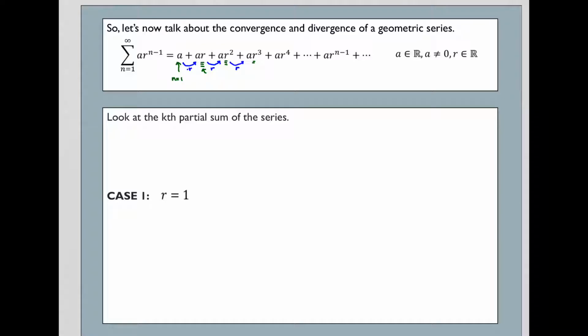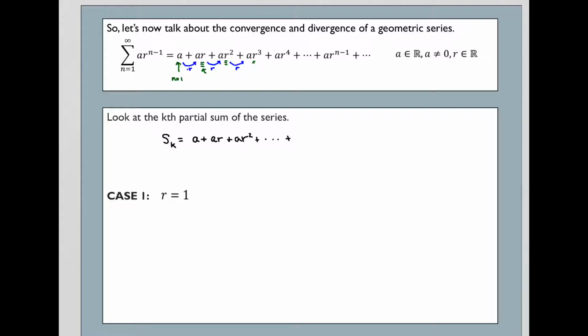Let's look at the kth partial sum of a geometric series. Now remember, what's the kth partial sum? The kth partial sum is simply a truncated form of the infinite series. It would be a plus a times r plus a times r to the second plus dot dot dot, and let's think this through here.